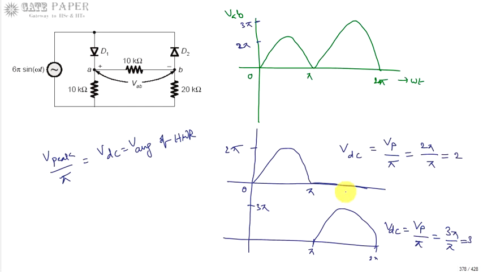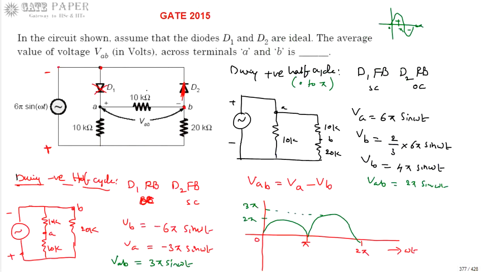So the summation of these two is nothing but the total waveform. So the total average value of VDC, the average value of the VAB waveform, is 2 plus 3, which is nothing but 5 volts. So the average value of the output waveform between the A and B terminals for the given circuit is 5 volts.